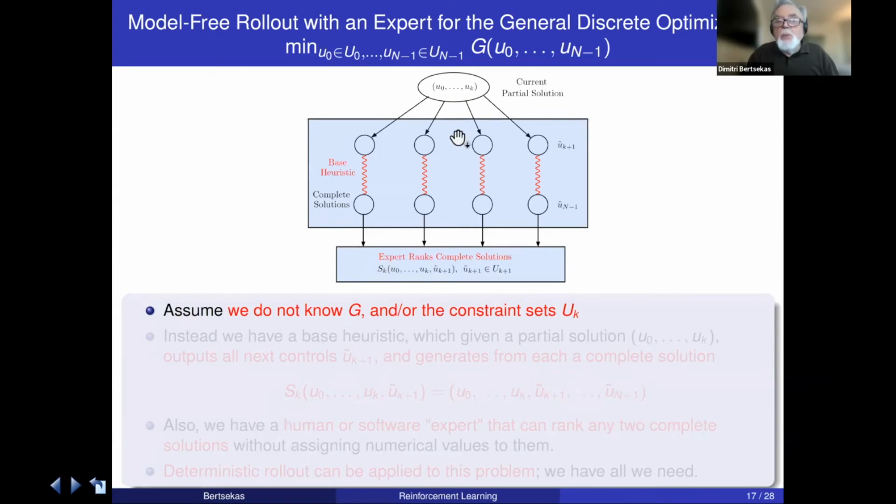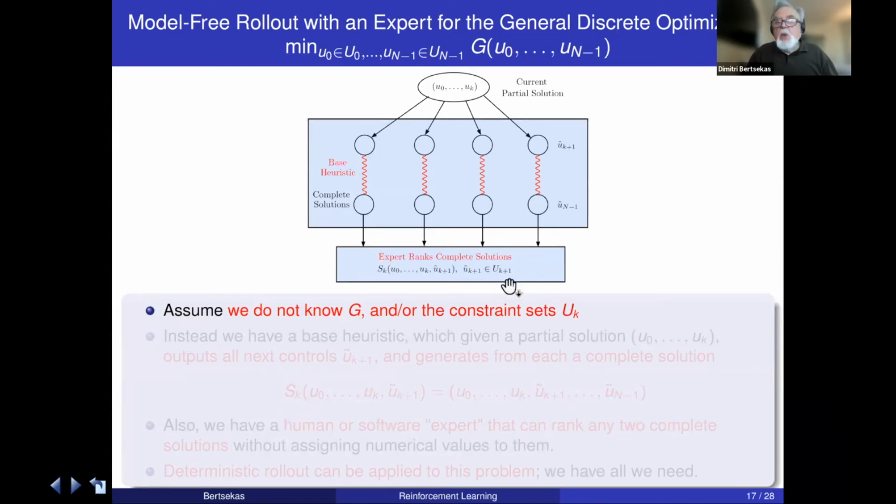If we have a computer model that implements a base heuristic and enforces the constraints of the problem, and also generates trajectories in some way that's internal to itself but perhaps hidden from us, it will generate complete solutions that can be given into another software, which we call the expert software, that ranks the complete solutions.